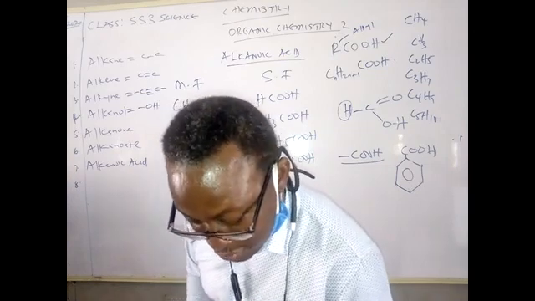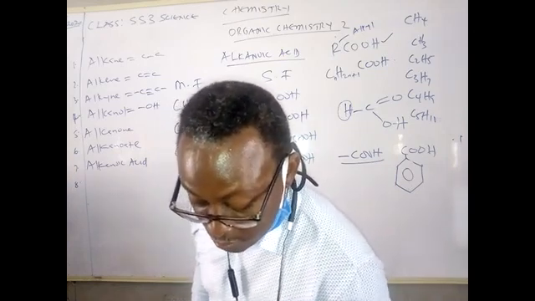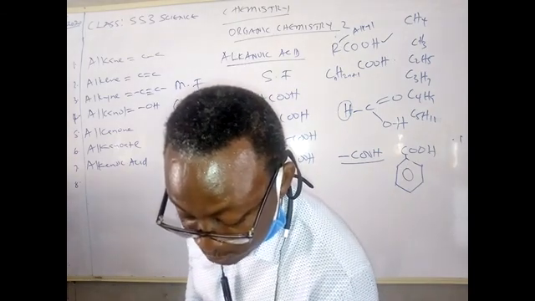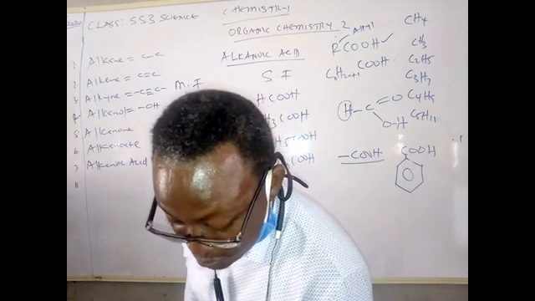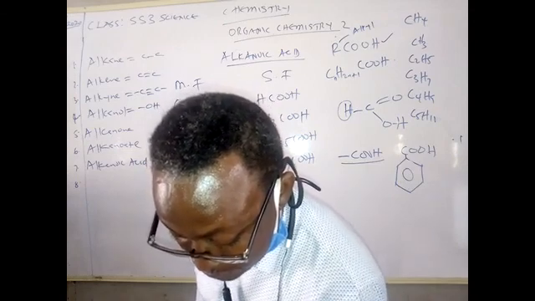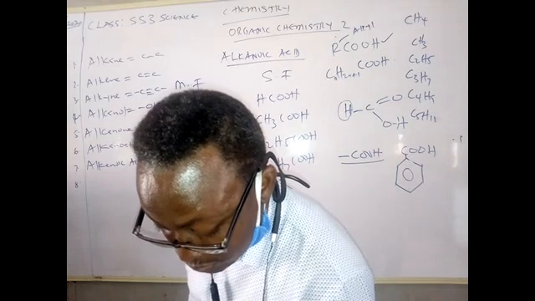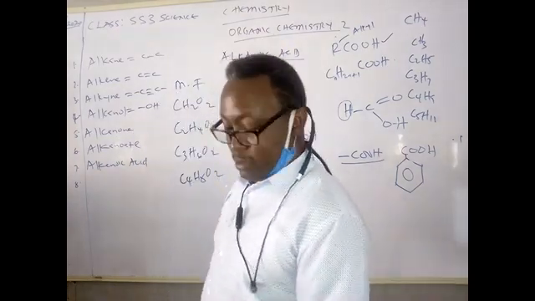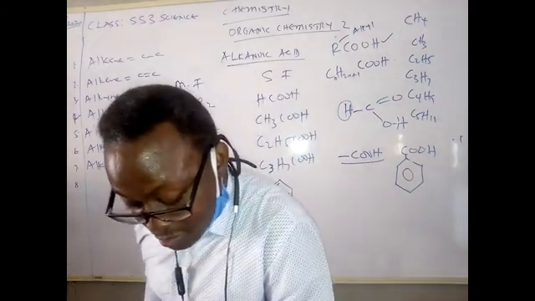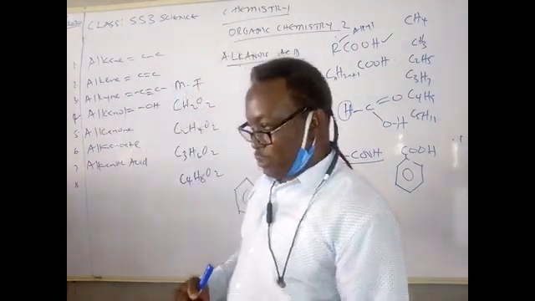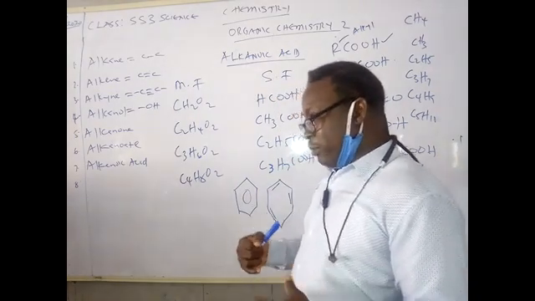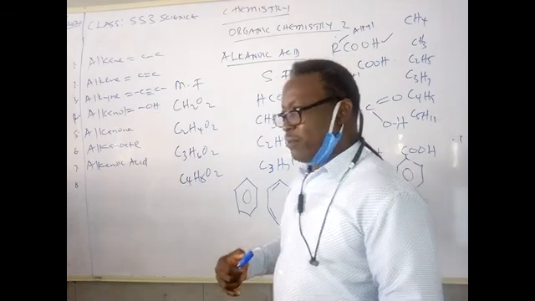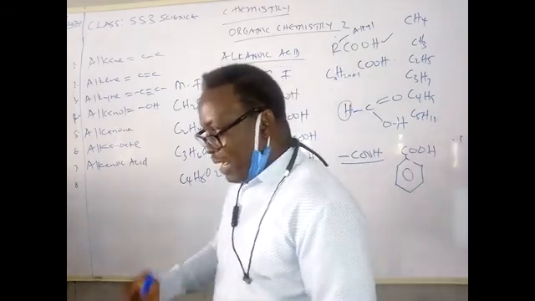Let's quickly look at some general properties. The lower members of alkanoic acids are colorless liquids at room temperature. Their boiling points are much higher than expected when compared with their molecular sizes. This is due to the presence of hydrogen bonds binding the molecules together, which makes it difficult for them to quickly vaporize.